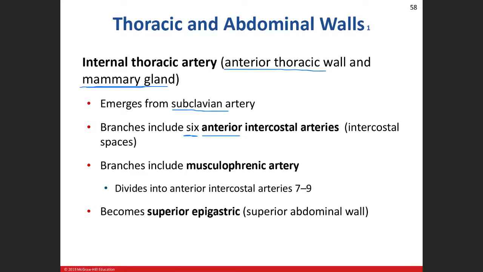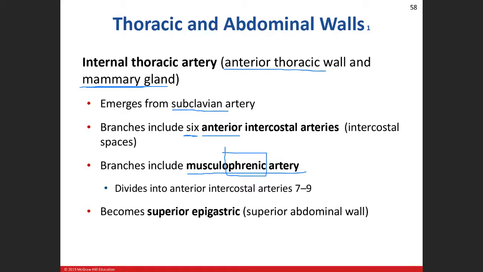So the last branch off of the internal thoracic artery, we refer to that as the musculophrenic. When you see phrenic, what do you think? Phrenic is? Oh, good. See, we're synced. Remember the phrenic nerve from 210?